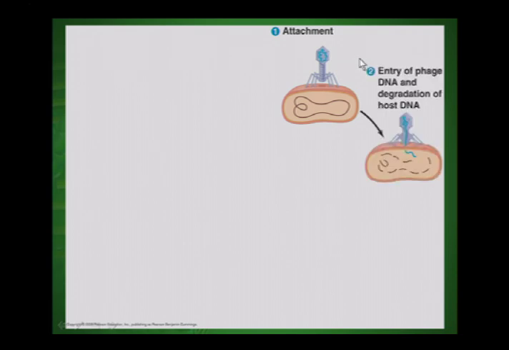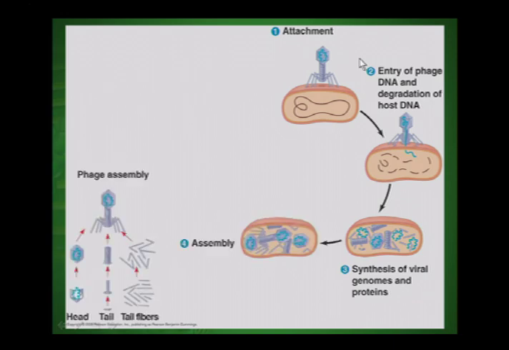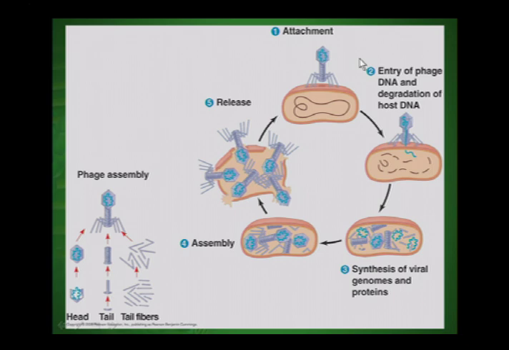They'll inject their DNA into that cell, and then basically they will take over the machinery of the bacterium, utilize the bacterial DNA polymerase to make new copies of their DNA. That DNA will be transcribed, translated, and that will now produce enzymes that will generate new viruses. Eventually those viruses will be assembled, and the cell dies basically as the viruses are released into the environment.